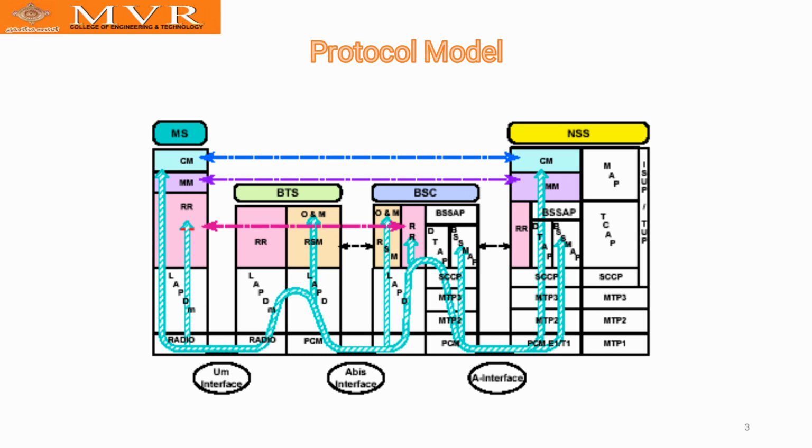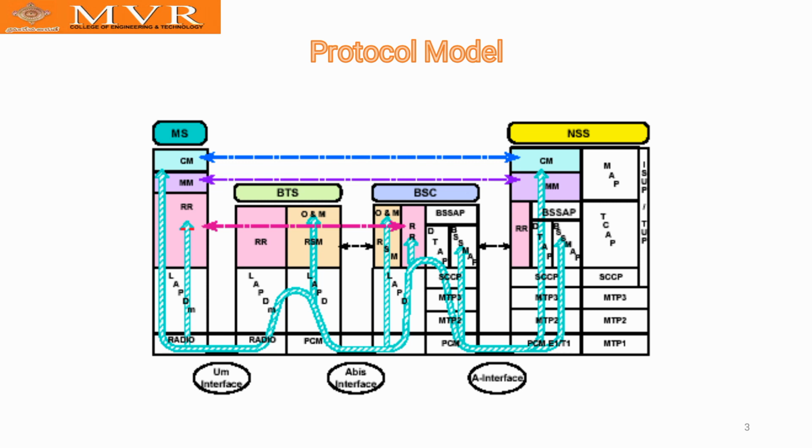The link access protocol uses RSL of O and M, so the operation and maintenance is done in the BTS. The BSS has the RSL channels having BSSAP. These all involve SCCP, MTP3, MTP2 and PCM.